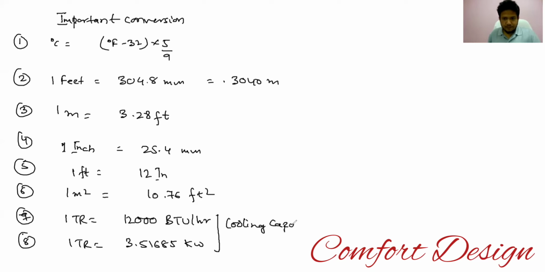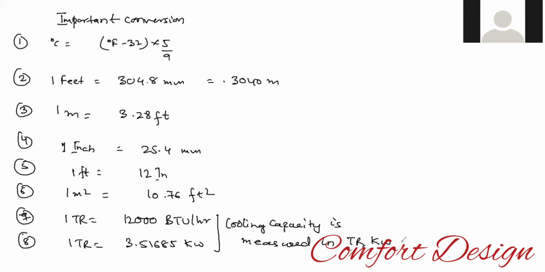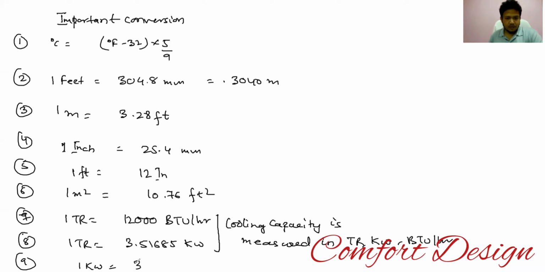Cooling capacity is measured in TR, kilowatt, BTU per hour. Ninth number, if we do the calculation, 1 TR equal to 12,000 BTU per hour and 1 TR equal to 3.51685 kilowatt, then 1 kilowatt equals 3412 BTU per hour.